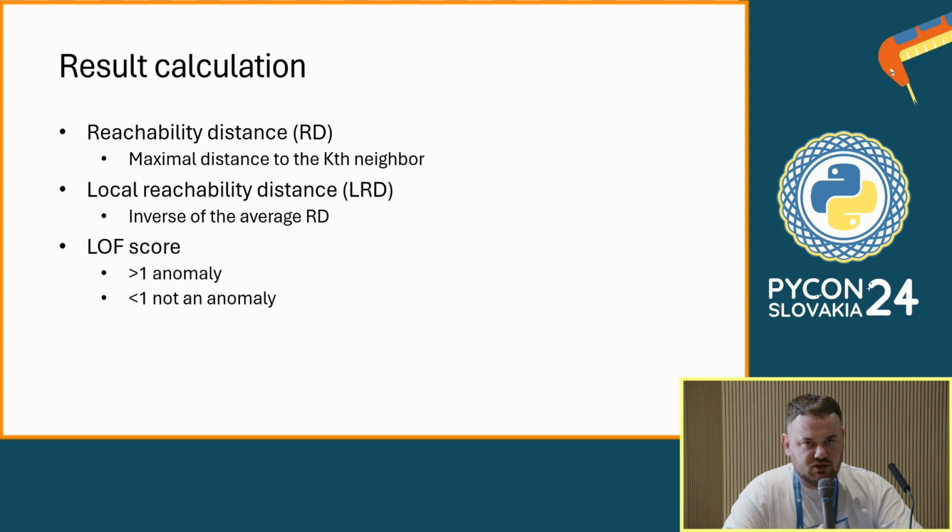And the LOF scores are calculated by 1 and minus 1, if we use the classifier. Everything above 1 is not an anomaly, below 1 it is an anomaly. You can also use the attribute negative local outlier factor if you want to use multiple labeling systems, because the lower the number of the local outlier factor parameter, the bigger the outlier.